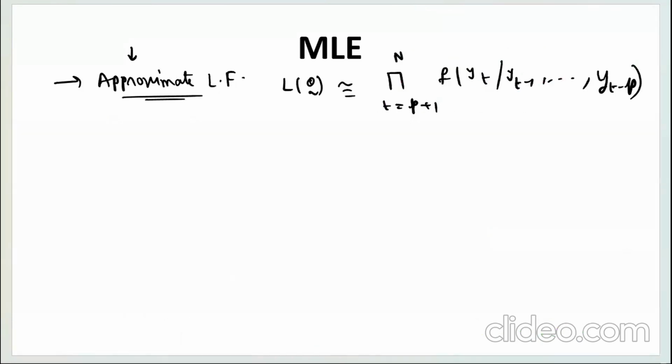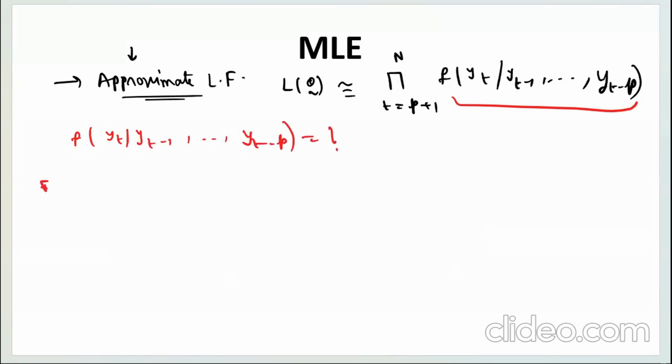If you understood this, our only job now is to find out what this distribution will be. Again, we have to find out the expectation and the variance, and then see what this yt given yt minus 1 up to yt minus p is.